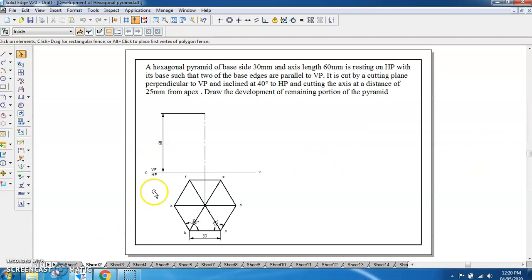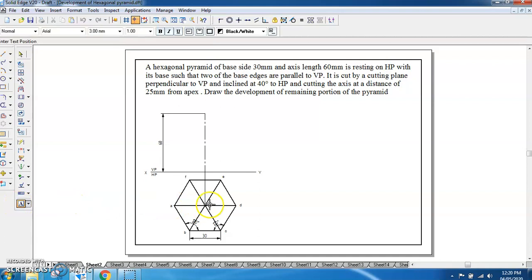So if we start with the drawing, hexagonal pyramid of side 30 mm is resting on HP with its base. So the top view of this hexagonal pyramid would be a hexagon of side 30 mm, and all the slant edges would be converging at one point, that is apex O. So this is the O point we have got here.